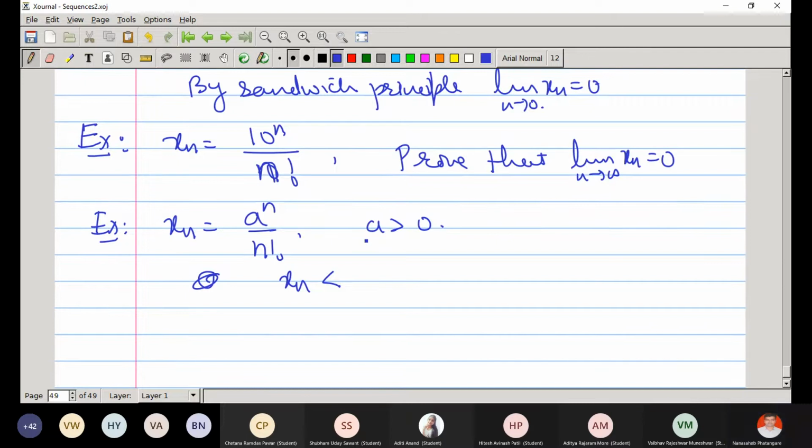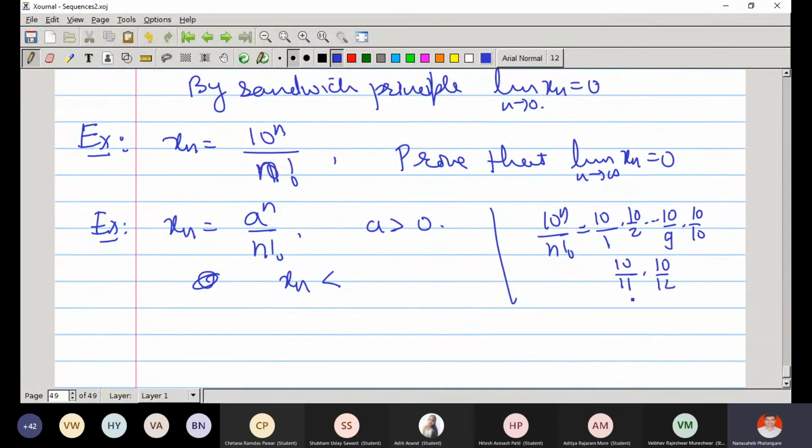Right? So what about 10 raised to n upon n factorial? What is it? 10 upon 1, 10 upon 2, 10 upon 9, no problem. 10 upon 10, still no problem. But after that, 10 upon 11, 10 upon 12, here the process starts.